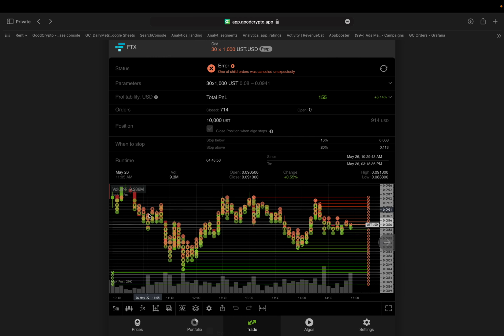So you don't see a lot of candles that are going through the whole chart, so the price was kind of moving orderly, but the volatility was such that, as you can see here, those are 5-minute candles, and you can barely see them underneath the orders that were executed in those 4 hours. So in 4 hours, the grid executed 714 orders, so quite a lot. And that is especially impressive given that my grid wasn't too tight.